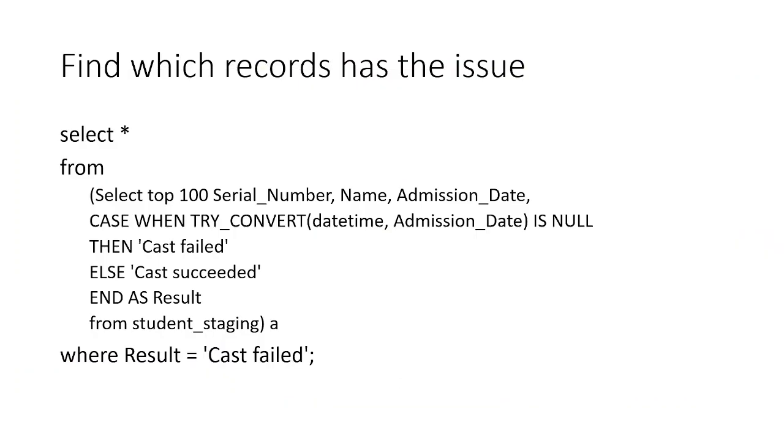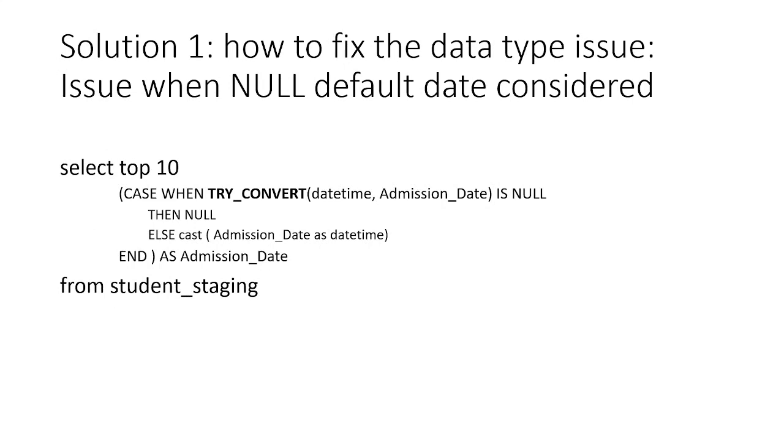This is the query which you can use to find the records that have such kinds of issues. This is the solution I mentioned: if we apply a plain cast in case of a blank value, it will give you a default date.